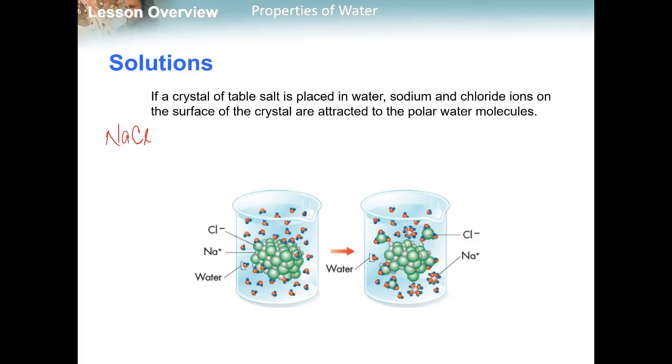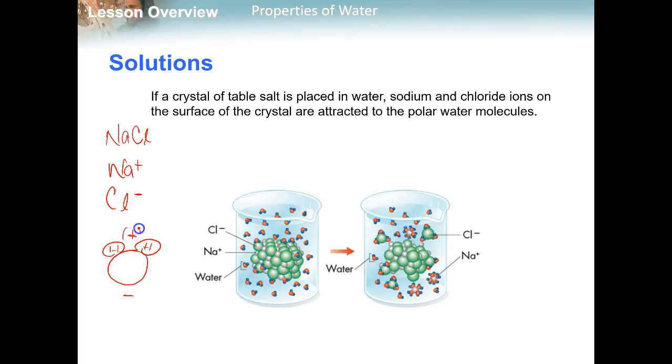So we talked about sodium chloride. Well, what happens when you add that to water? Remember, sodium loses an electron and becomes positively charged. Chlorine gains an electron and becomes negatively charged. And what do we know about that compound of water, that Mickey Mouse compound? We have a positive side and a negative side.